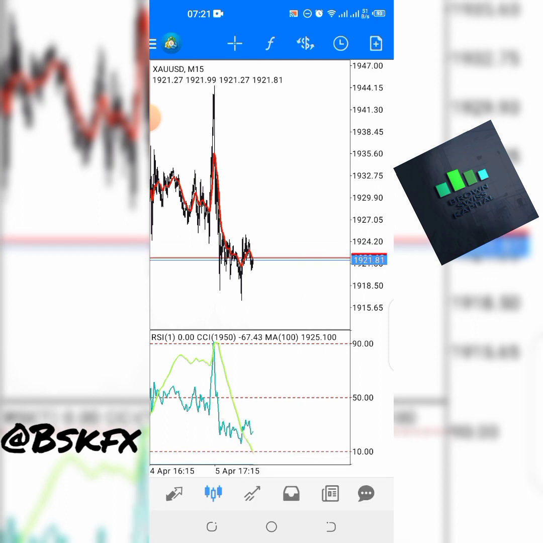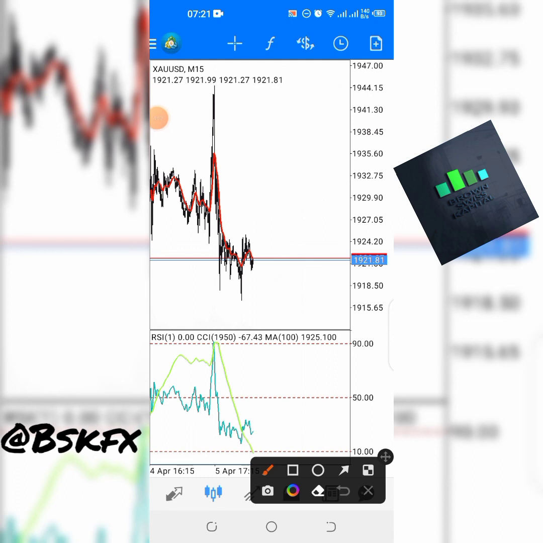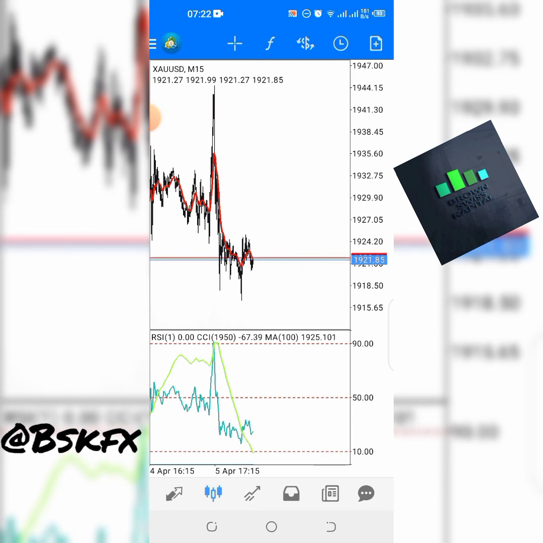As you can see, if you entered following the rules, see it turned in the middle, touching the 10, and you entered your buy, now it's reversing. You'll be in losses already. You don't want that. So that's basically the new rules. Try it out and let me know how it goes.